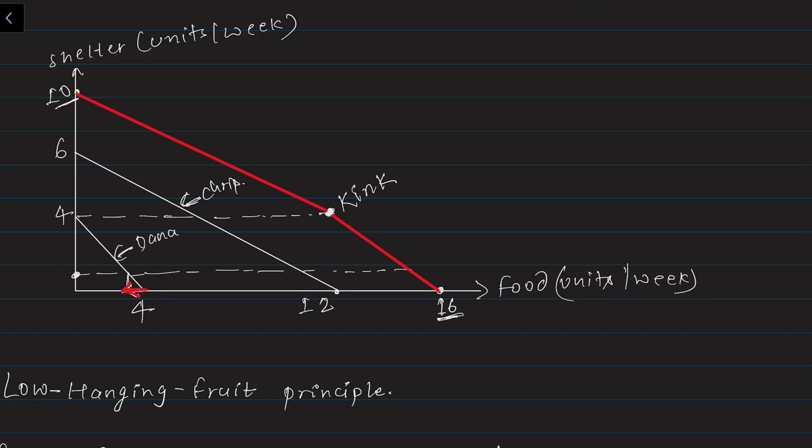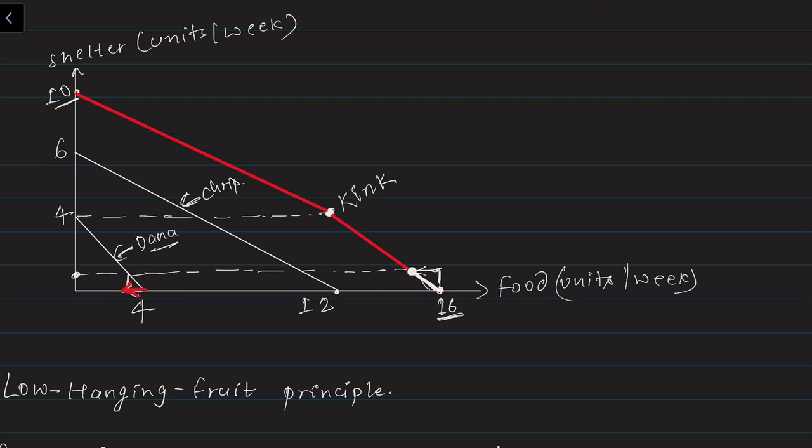So the point will shift from here to here. Now let's connect these 2 points. When we connect these 2 points, we'll get a straight line. And this line is parallel to the PPC of Dana, and it should be parallel because Dana is the only one making the switch.